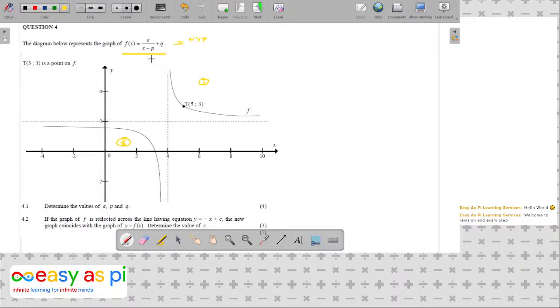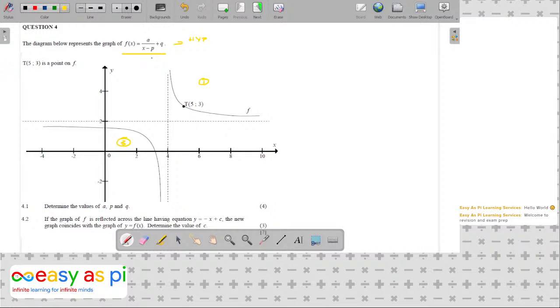Remember that the p value is related to the vertical asymptote, and the q value is related to the horizontal asymptote. In the first question, they're asking you to determine the values of a, p, and q, which is going to be relatively simple because we have the asymptotes and we have a point.